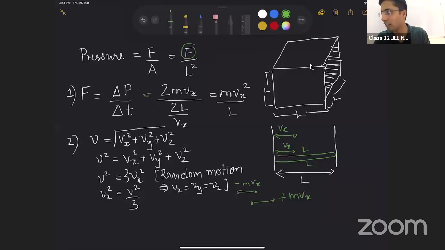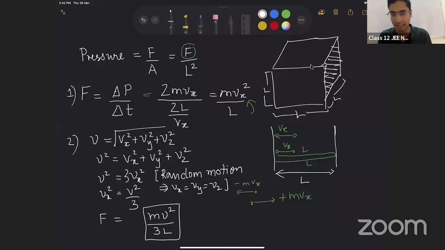Now, if I substitute this value of Vx square here, what I get is F is mv square upon 3L. I may not have done this in the last class, but we had something similar; I think we did mv square by 2L. So this is what we get as the second step. The force is mv square by 3L.